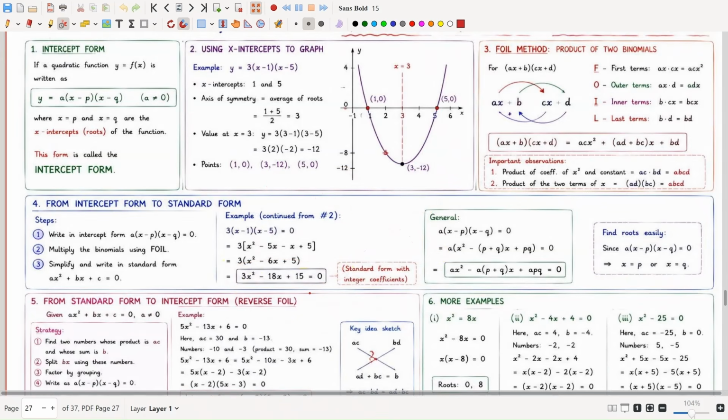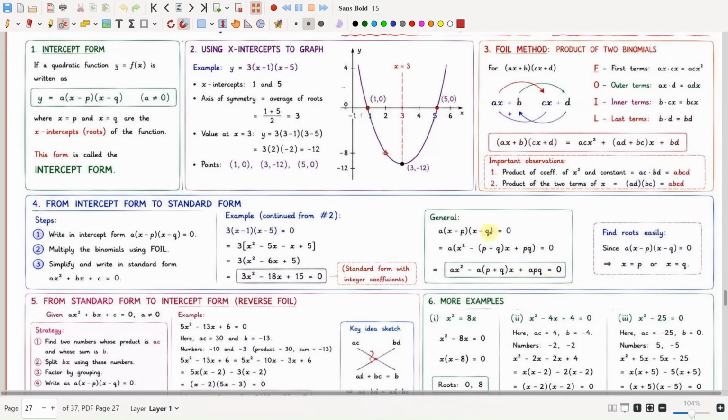Okay. So generally, when you are having a into (x minus p) into (x minus q) is equal to 0, you will multiply these two things, that is x square minus qx minus px plus pq. You will group these two things together and you will get ax square minus a into (p plus q)x plus apq is equal to 0.